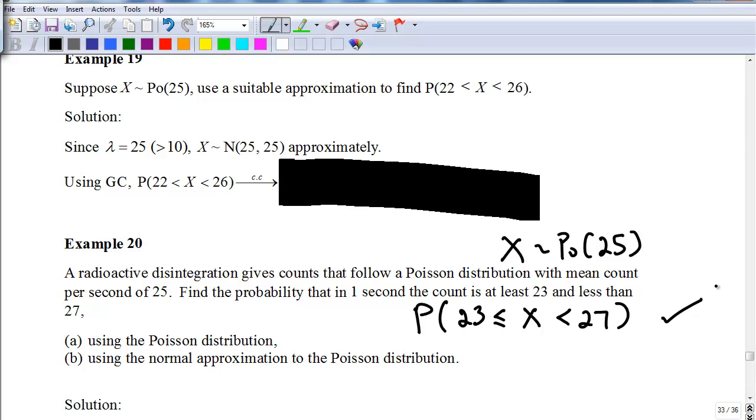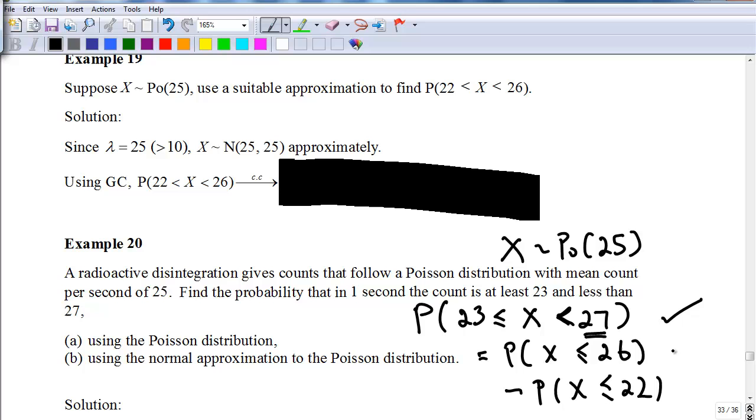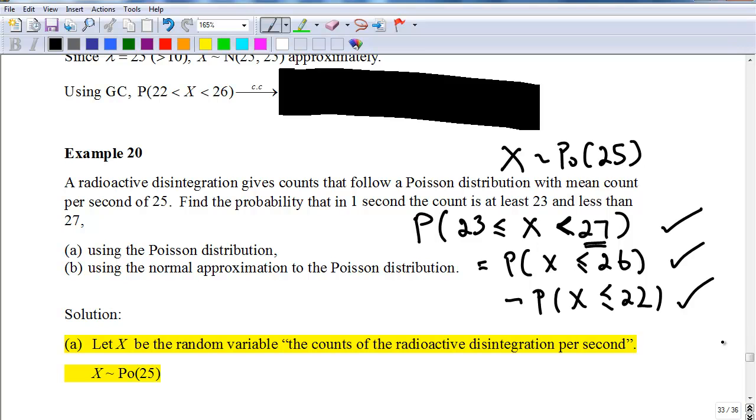All you need to do is to change this into the probability X less than 26, because I don't want to include 27 since this is just a less than sign, then minus the probability X less than or equal to 22. So you use the Poisson CDF here and Poisson CDF here, and then you just subtract the two probabilities and you get your answer. You can see the working proper here.